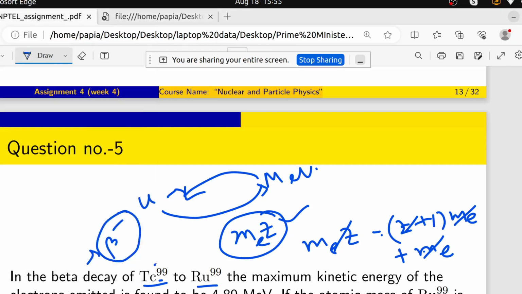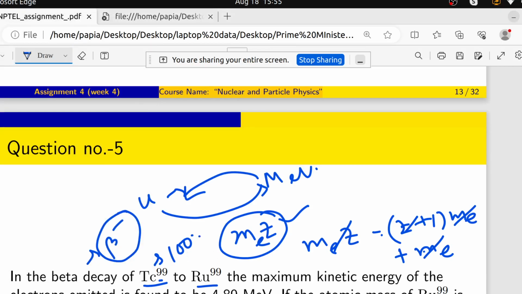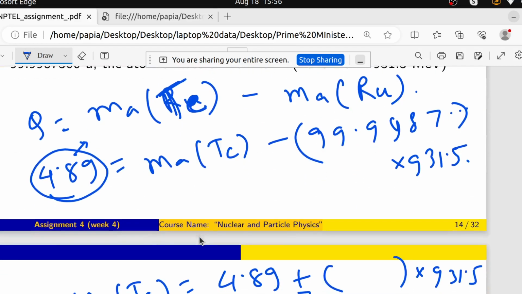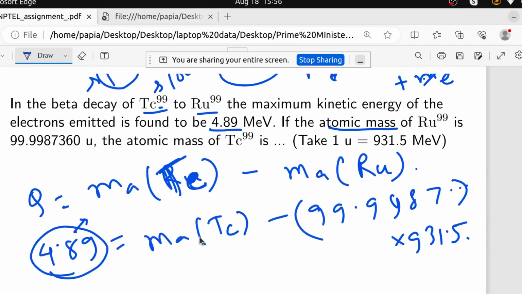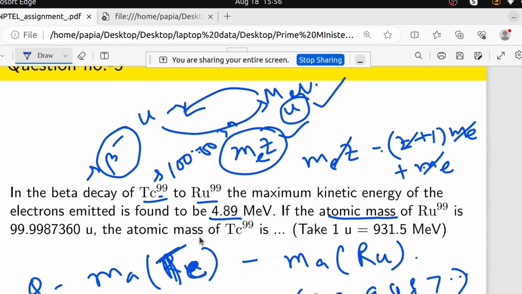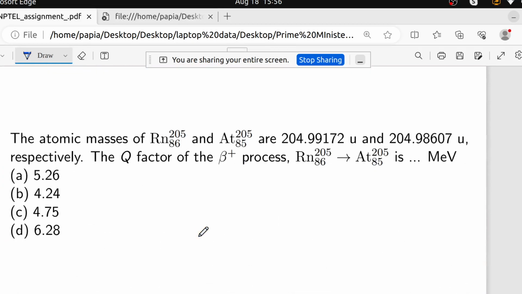So the Tc is 100 something 0039875, so 0039. This is in U unit. So 0.0039 U will be the atomic mass for Tc99. Okay, good.